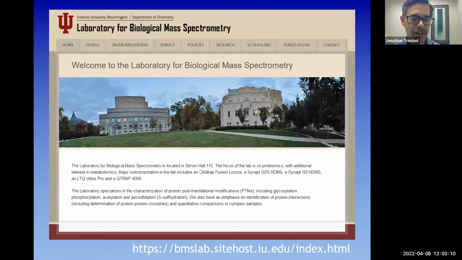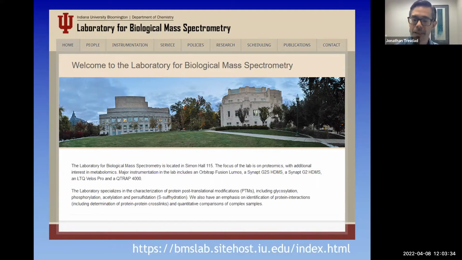Just a little bit of orientation. I know we're all spread out around the state, but the building on the right here is called Simon Hall. That's where we're located, right next to chemistry here on the left. This is the kind of sciencey area of the campus, or one of the two sciencey areas. Right behind there are several of the biology buildings.